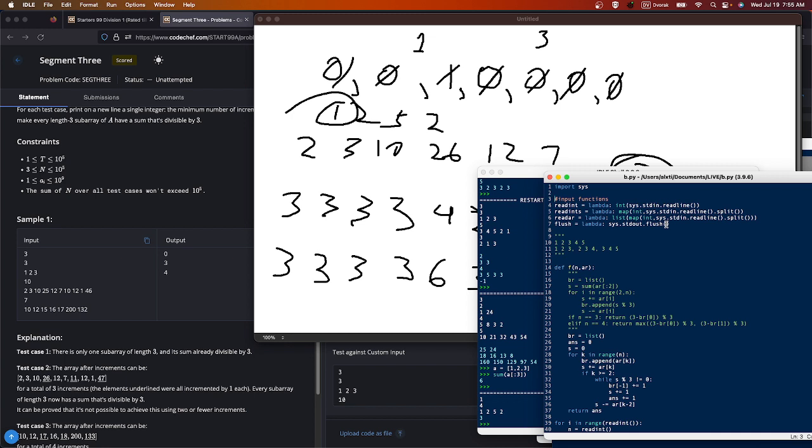I mean, by that logic, we could also use the first increment setup. Okay, I'm kind of thinking of something here. Wait a second.